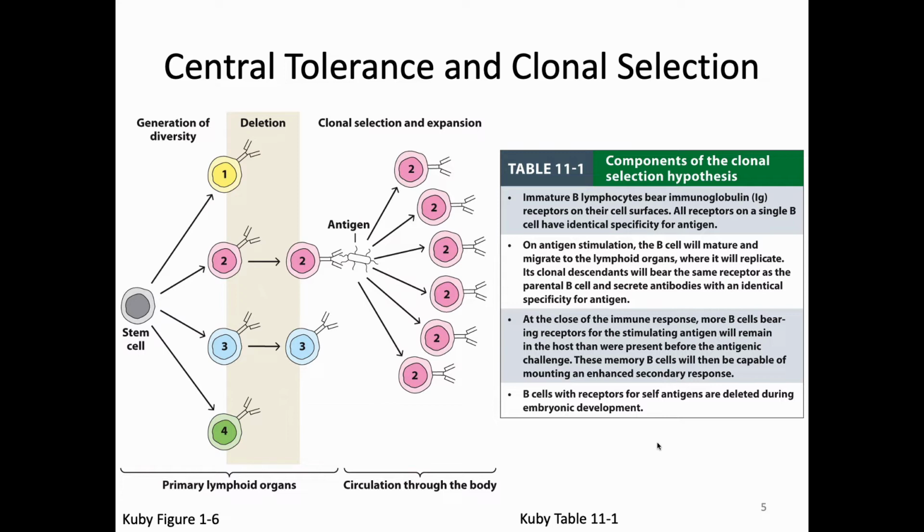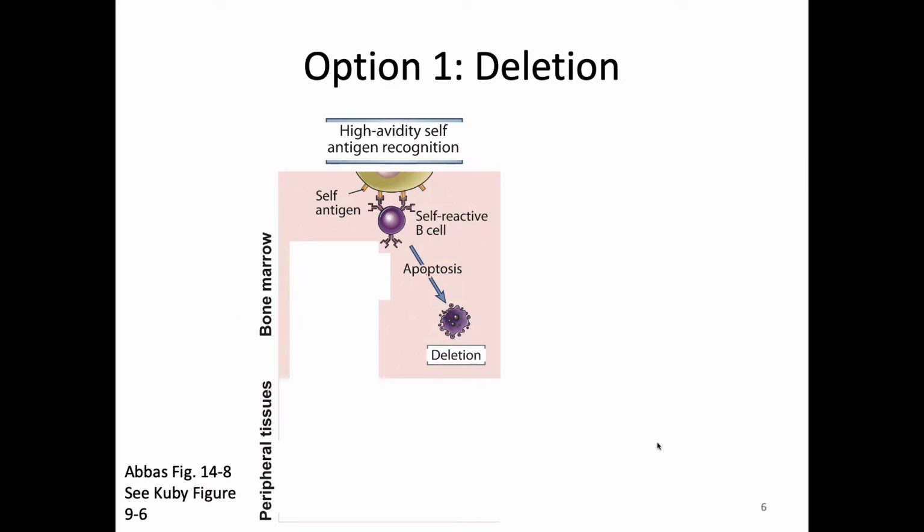There are three mechanisms of central tolerance in B cells, which were described in these experiments. I've already mentioned one of them. And so one of them is known as deletion. Deletion just means that the B cell reacts with a self-antigen and is deleted. It undergoes apoptosis.